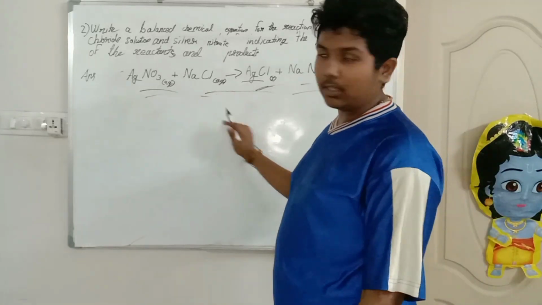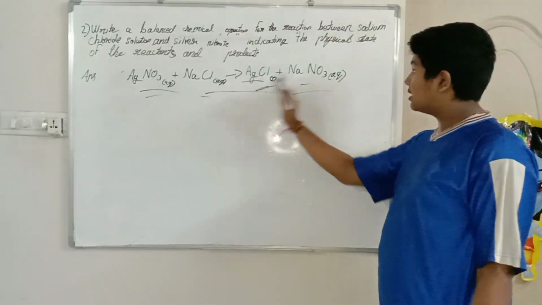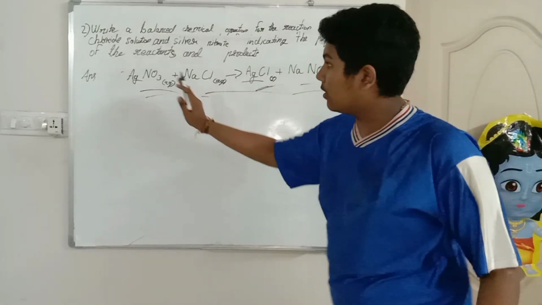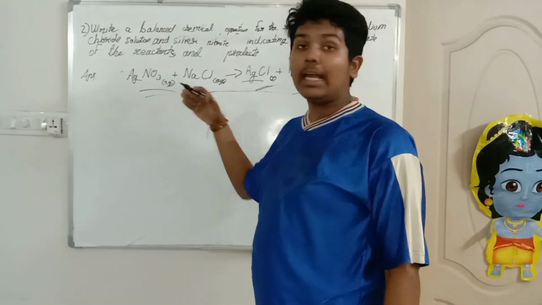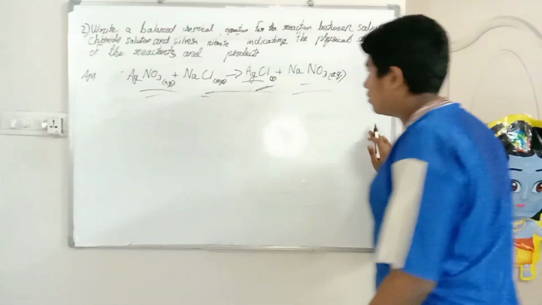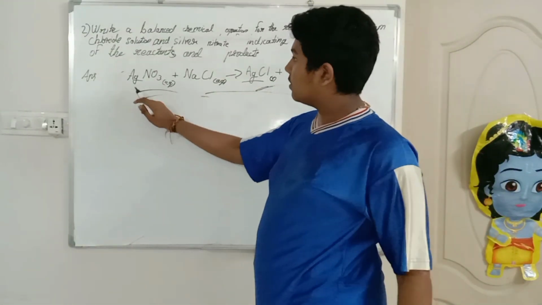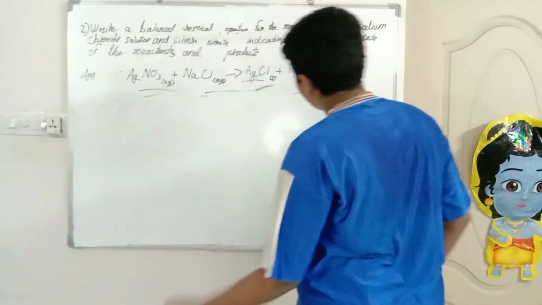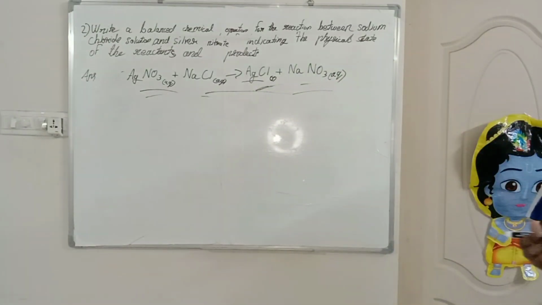Here it is aqueous, right, given, but when it's displaced, like this was AgNO3, in that it is displaced by Na, so NaNO3, and here this Ag is now going with Cl, which forms into a solid.